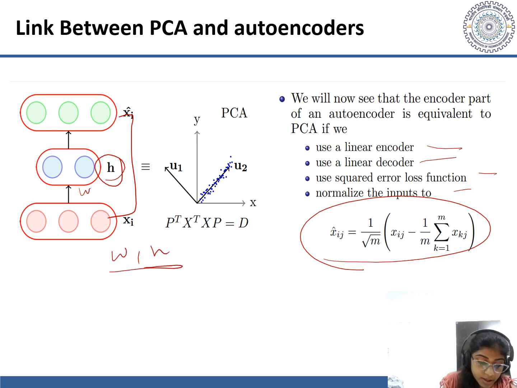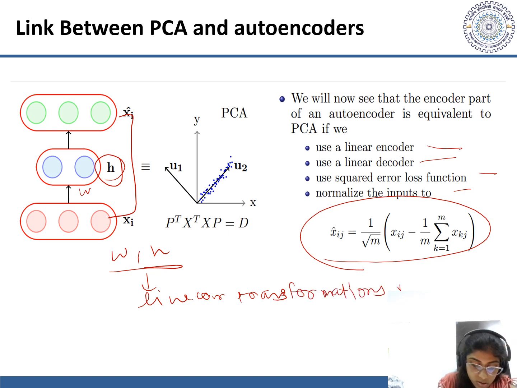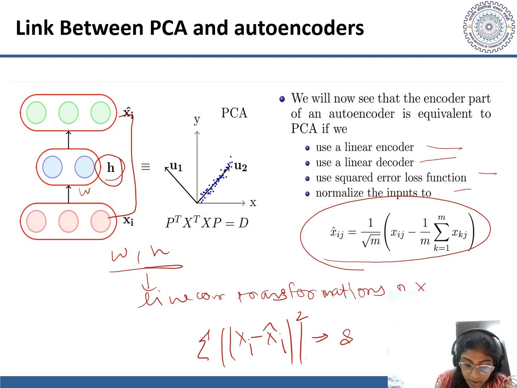W and H should be linear transformations of X. And I have used the square error loss function, like (X minus Xi cap) square. This is my square error loss function. And then my input should be normalized. Now, why is that? Let's come to that.